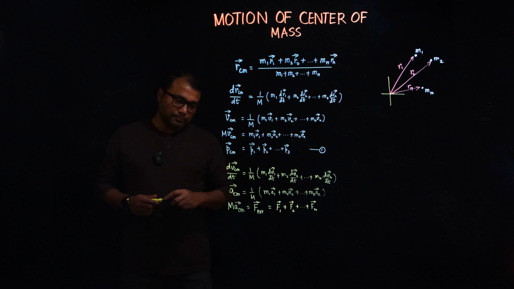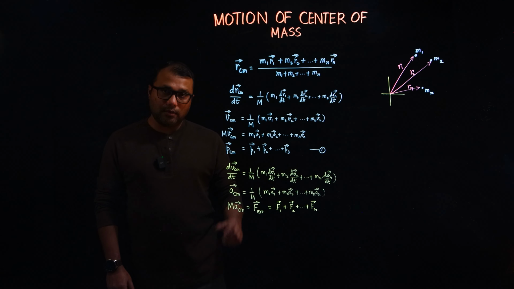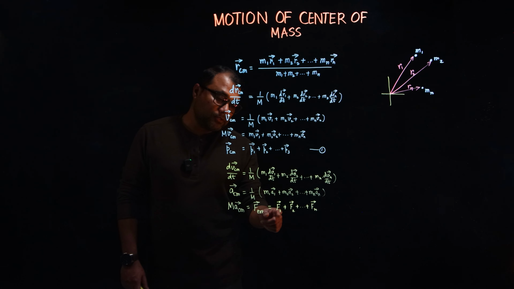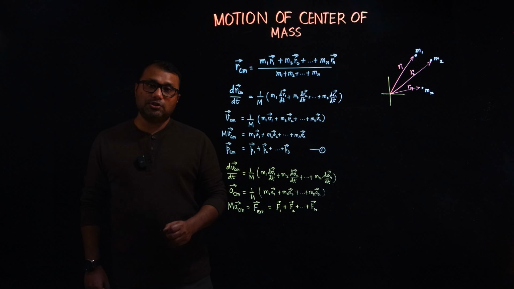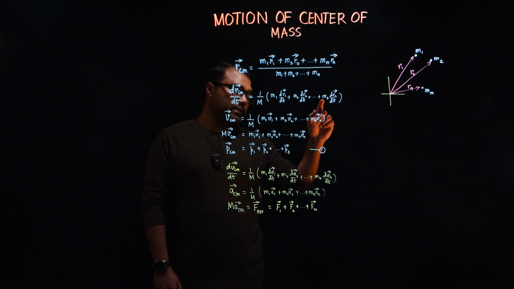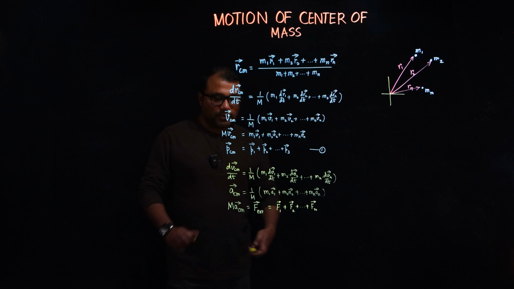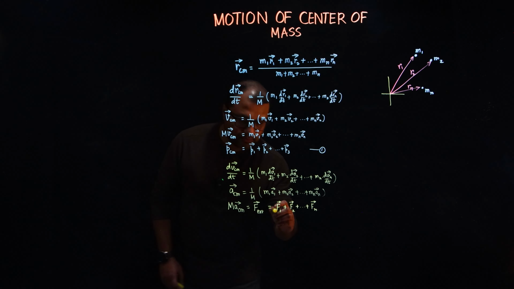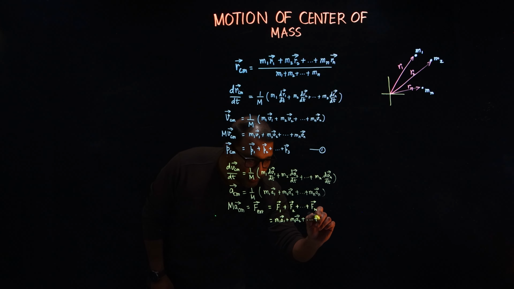Okay. Let me restate that. So these are external forces that each of these particles comprising the system are experiencing. So we can also write this as M1A1 plus M2A2 up to MnAn.